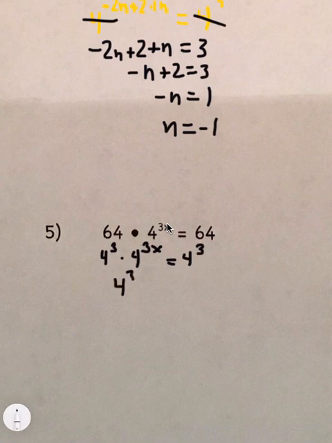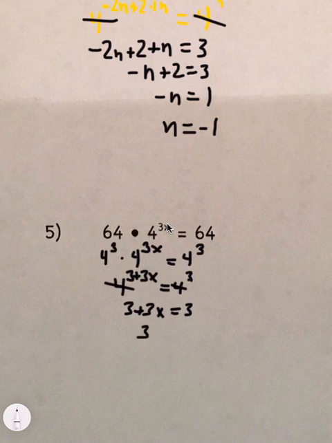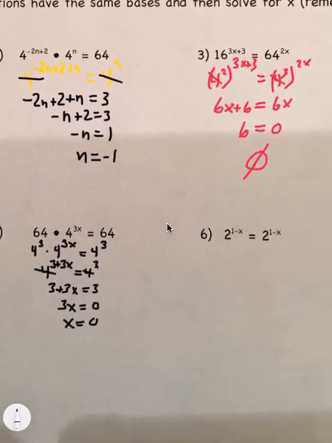So 4 to the 3 plus 3x equals 4 to the 3rd. We can cross out the bases. 3 plus 3x equals 3, or 3x equals 0, which is x equal to 0. Okay? So we had 2 different bases, we want to use one base.